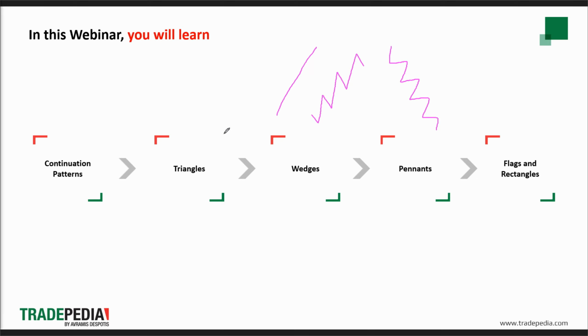Okay. So for continuation patterns, we have the triangle. Let me just draw it out over here. We will be looking at the triangle pattern.